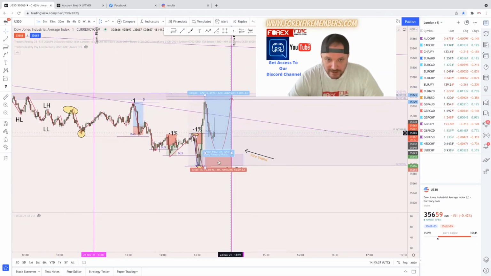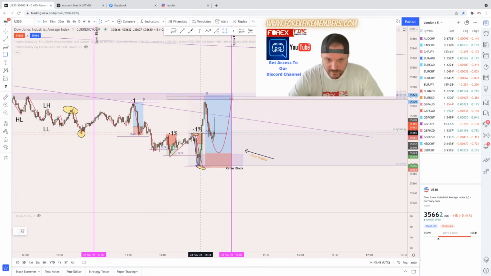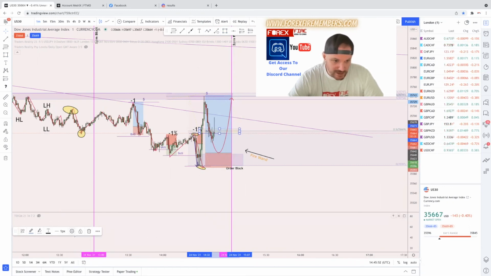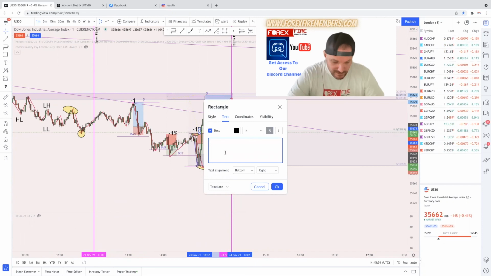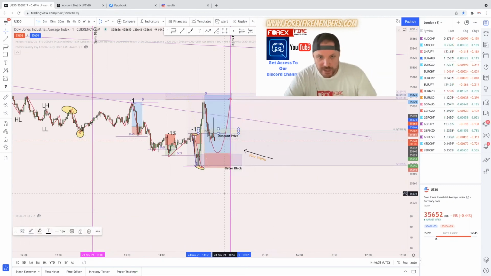We've got again, 2 areas. The 50%, which is there. That there is, make that yellow, that's our discount price. That's the discount price.